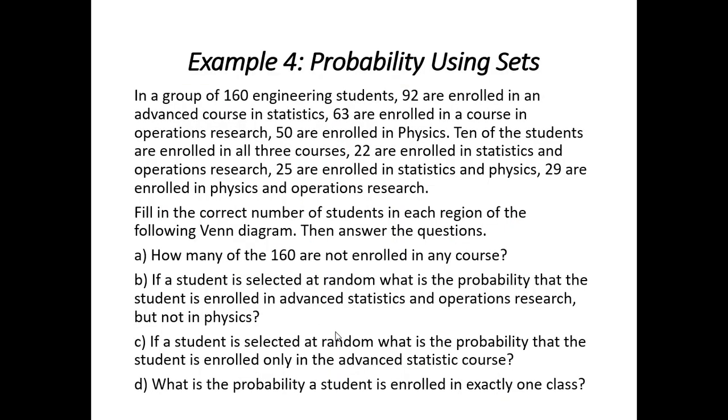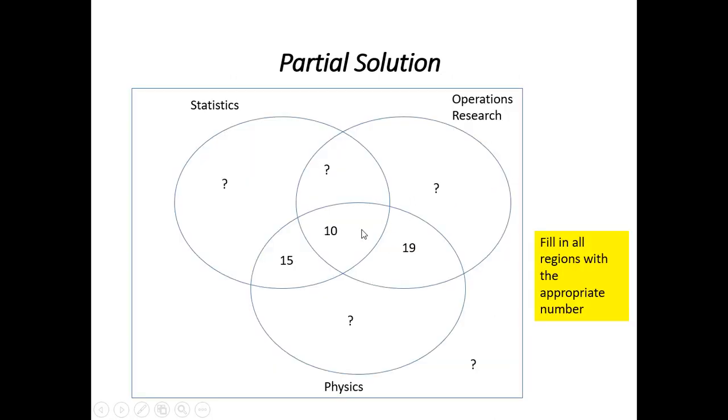If we go back, we'll see that there's 25 enrolled in statistics and physics. I've already counted 10 in the 25, so that means there's 15 in this region. This would be the group enrolled in statistics and physics, but not operations research.